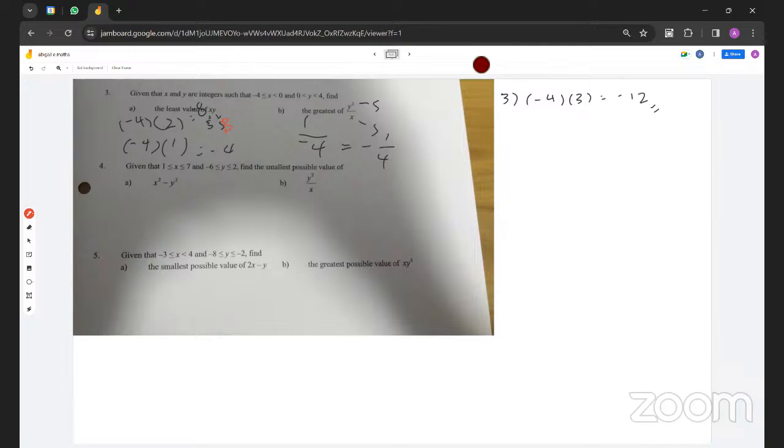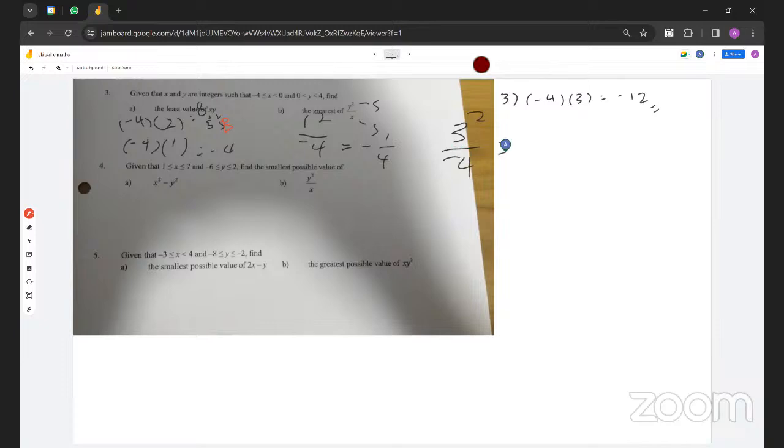Okay. Abigail, what's your logic? Since it's a negative number, if I put y as the bigger number, let's say I put 3 over, oh shit, okay, into x squared.